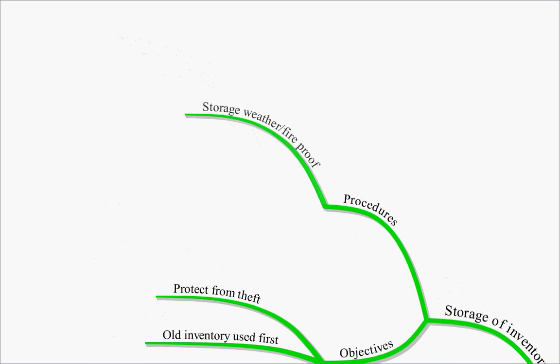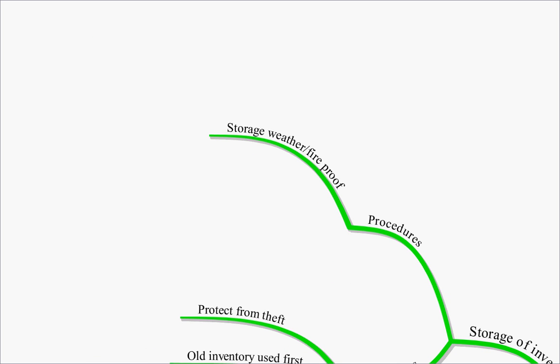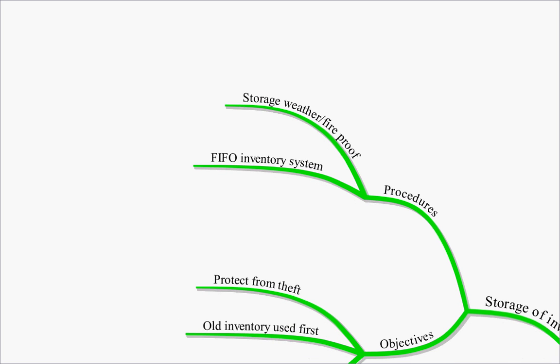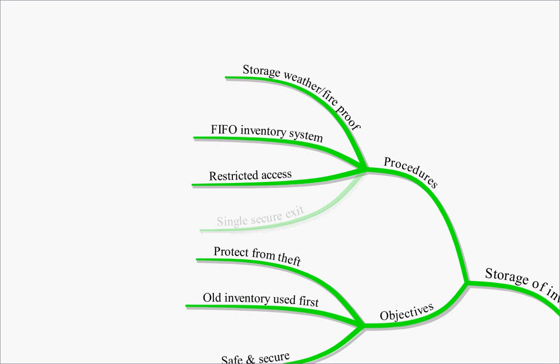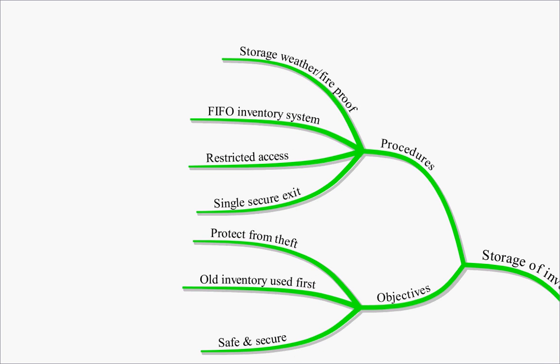Procedures to do this: you're going to store it somewhere that is weather and fireproof. You're going to have a FIFO inventory system, first in, first out, and you'd like to have restricted access to inventory, and that'll mean a single secure exit so that people can't take inventory out without authorization.